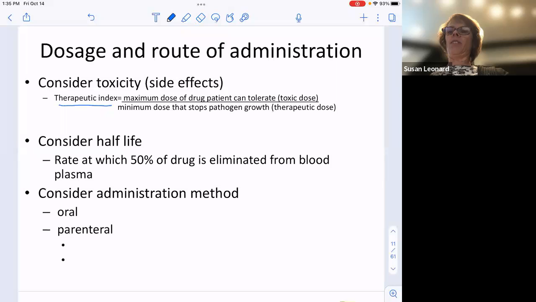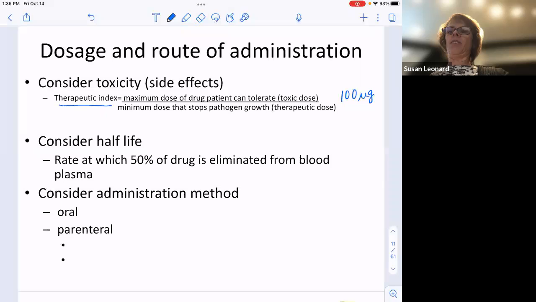So, for example, say the maximum dose of drug that a patient can tolerate is 100 micrograms. We might call that the toxic dose. That doesn't necessarily mean the dose that's going to kill a patient; it's the dose where the side effects become unacceptable.